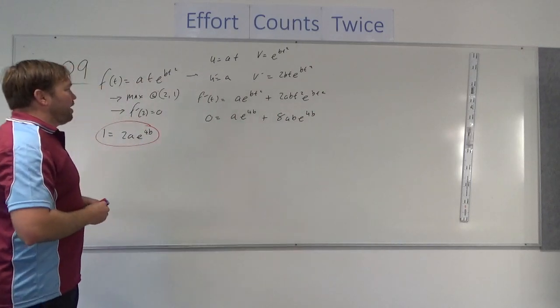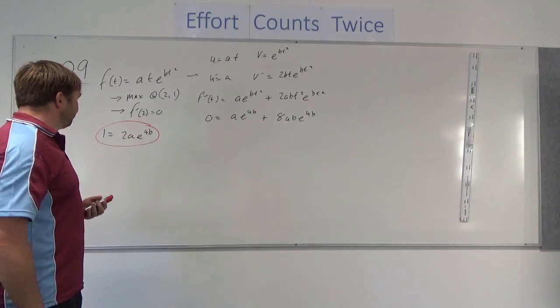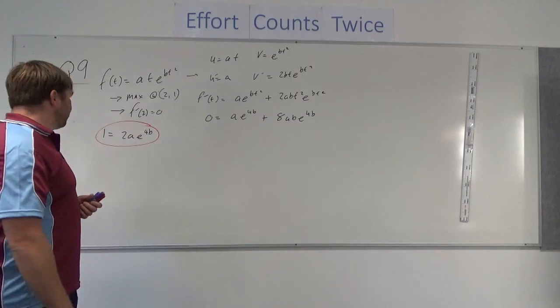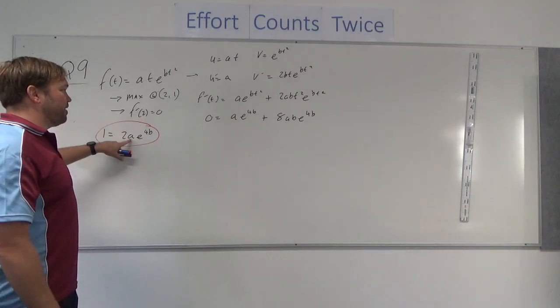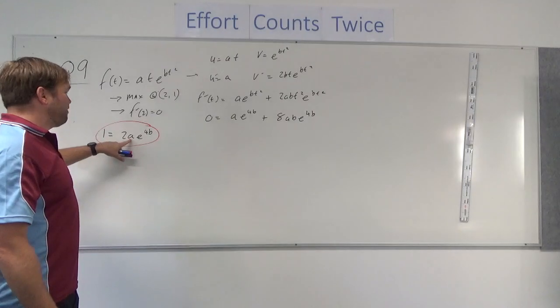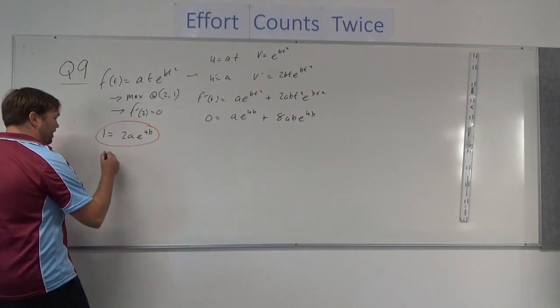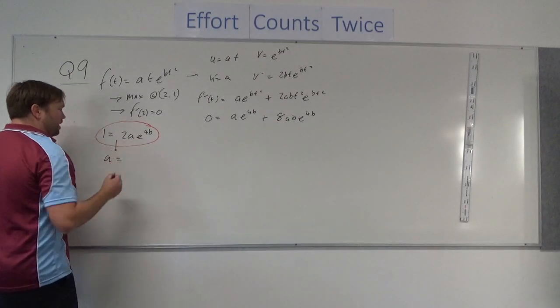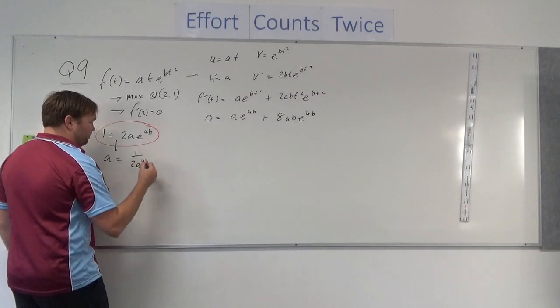Alright. Now, ideas, people. Ideas. I would suggest that getting an a on its own here is very easy. So we're going to do that. So a from here is equal to 1 over 2 e to the 4b.